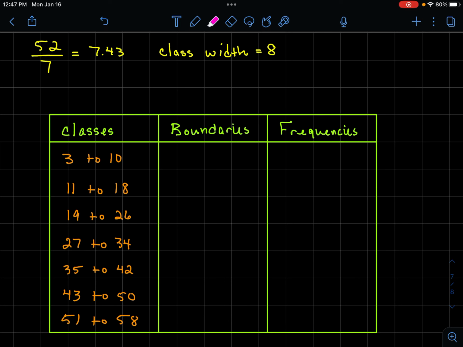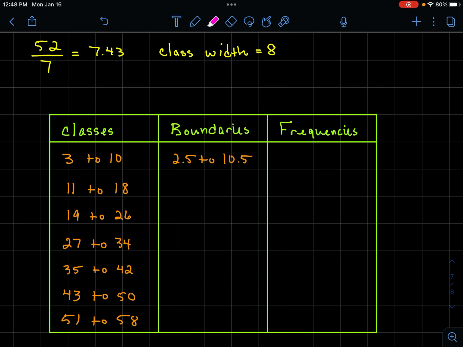Next, we need to figure out what the boundaries are. Well, the boundaries here, if you remember, should always end with an extra decimal place and a 5. We have whole numbers here, so it should be easy to subtract 0.5 from 3 to get 2.5. Add 0.5 to 10 to give us 10.5.